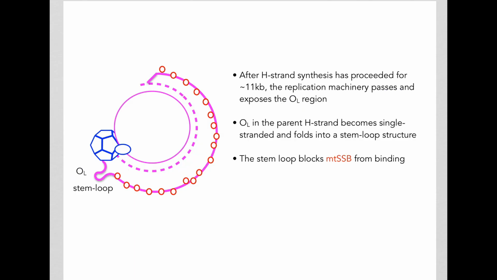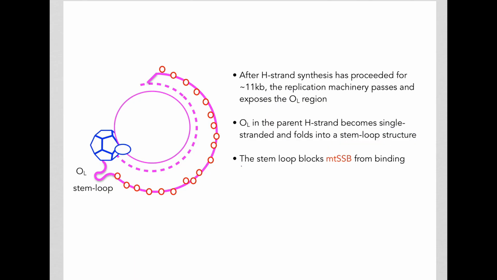And as the replication machinery passes the OL, it exposes the OL region. The OL in the parent H strand becomes single-stranded, and it folds into a stem loop structure. So you can see the H strand here being folded into a stem loop structure.